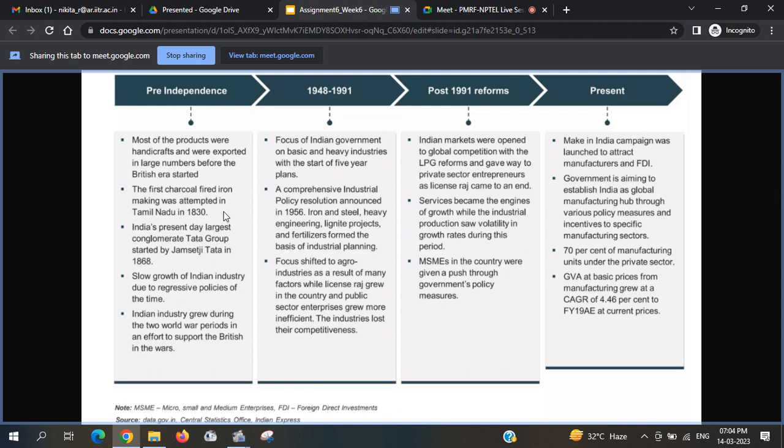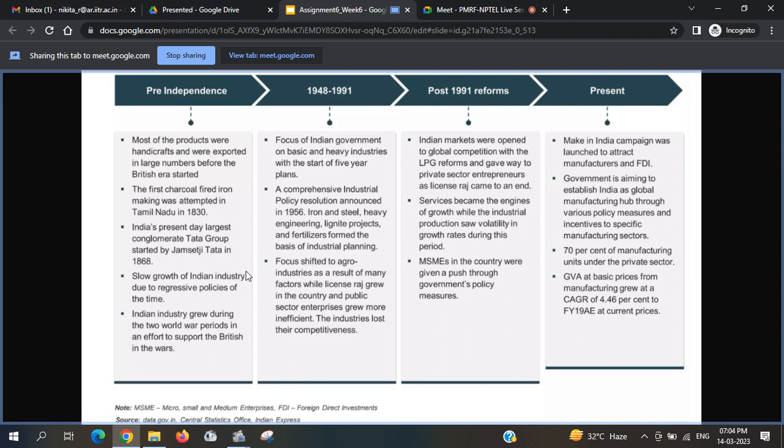So the first charcoal-fired iron making in India was attempted in Tamil Nadu in 1830. After that, the industries slowly grew, and in 1868, as we just saw, the Tata Group was founded by Jamshedji Tata.